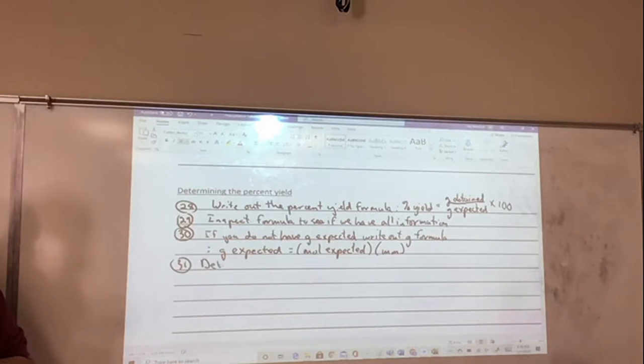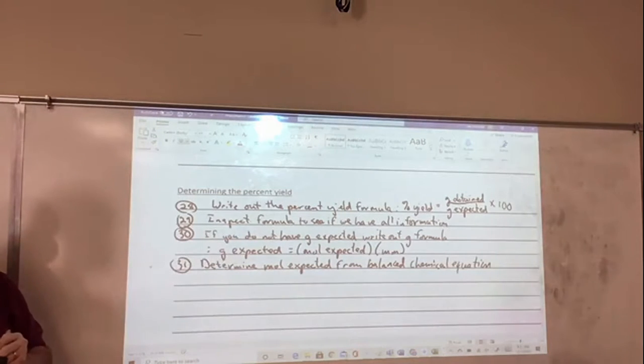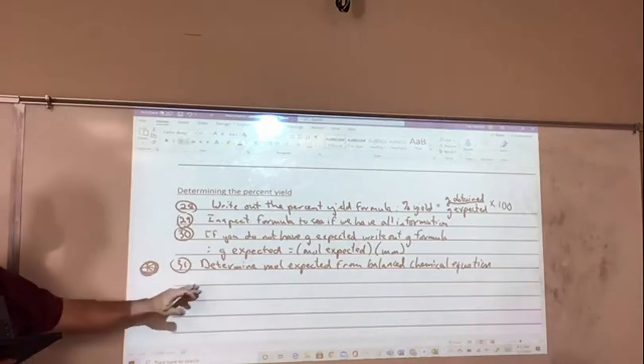Determine moles expected from balanced chemical equation. Okay, this is one of the single most important points of the whole laboratory.